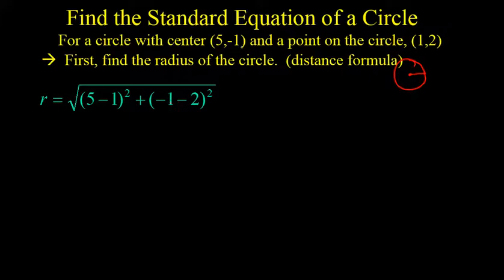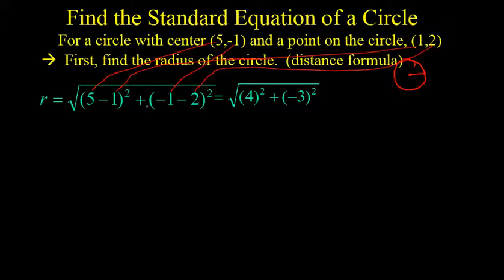Okay, so these numbers just came from up here. And y2. I subtracted it. Okay, so when we do that out, what is 5 minus 1? And what is -1 minus 2? Okay, so you should be able to work this out from this point on.